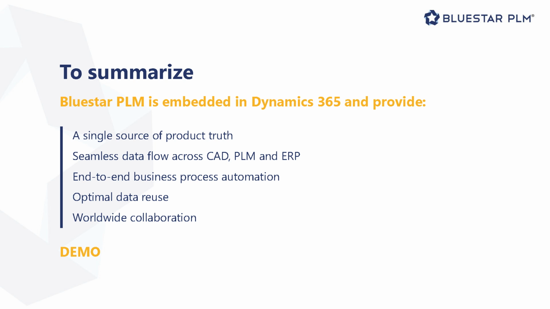Then it's all about structuring, using data correctly, and obviously reusing data wherever it's possible. And finally, we have our worldwide collaboration, being cloud-based but with a strong local presence that allows for working with huge files, CAD files, drawings, and so on. So you get a seamless experience no matter how many global departments are connected to your Bluestar solution.